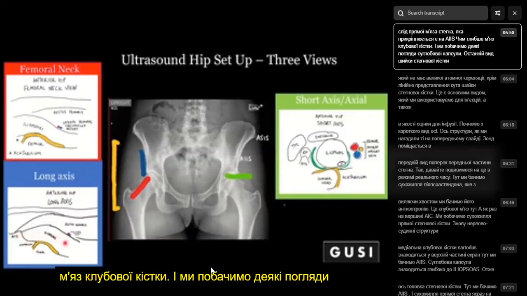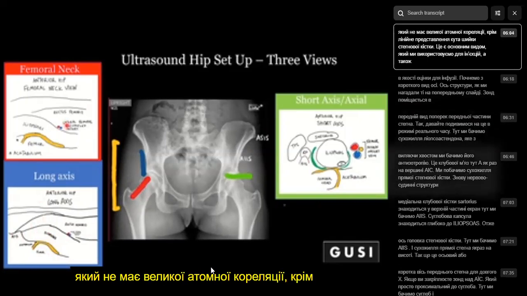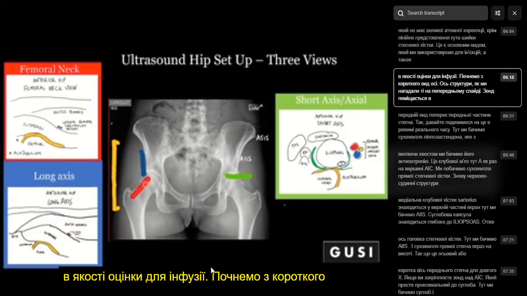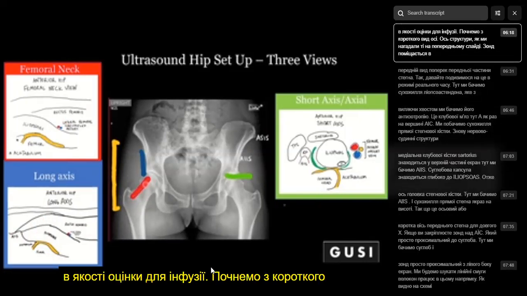The deeper muscle is iliopsoas, and we'll see some views of the joint capsule. Last, the femoral neck view, which doesn't have a great anatomic correlation other than the linear representation of the femoral neck angle. This is the primary view we use for injections as well as assessing for effusion.